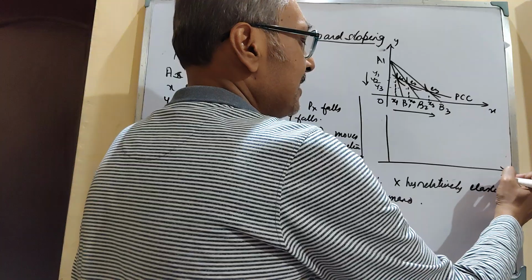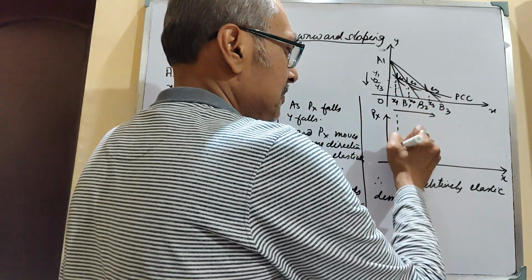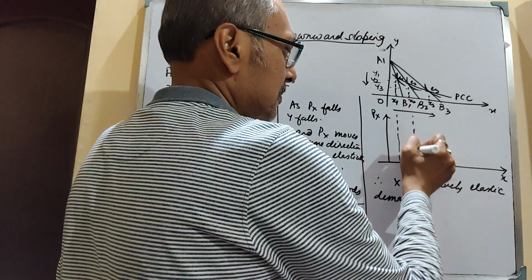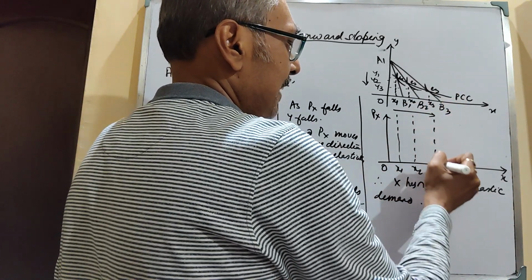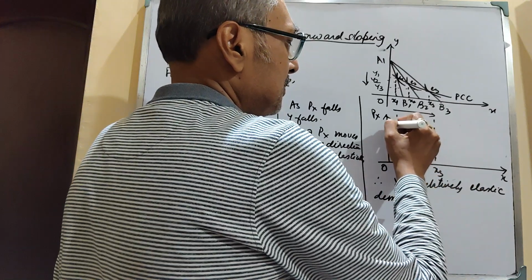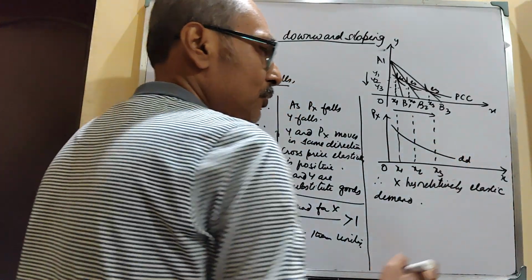On the horizontal axis, we are measuring X. On the vertical axis, we are measuring Px. This is X1, this is X2, this is X3. Relatively elastic demand. The demand curve is downward sloping.